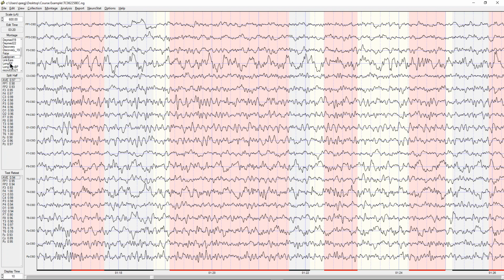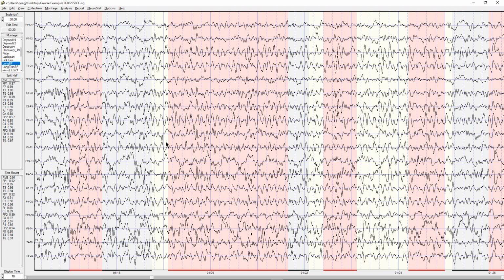If we look at the longitudinal bipolar montage, for example, we see a field where it occurs at FP2, F4, F4, C4, C4, P4. We see it to a lesser degree here at FZ and CZ a little bit, but mostly we see it at these combinations that include F4.